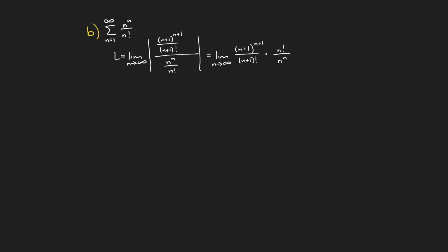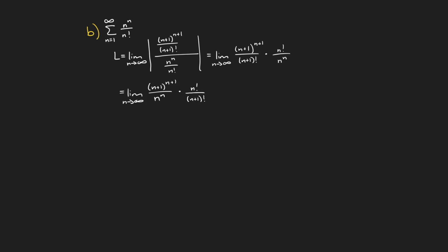Next, let's think about the sum from n equals 1 to infinity of n^n over n factorial. We start off exactly the same way, computing the limit of the absolute value of a_(n+1) over a_n. And then we can turn the quotient into a product by reciprocating and group the terms that look alike.